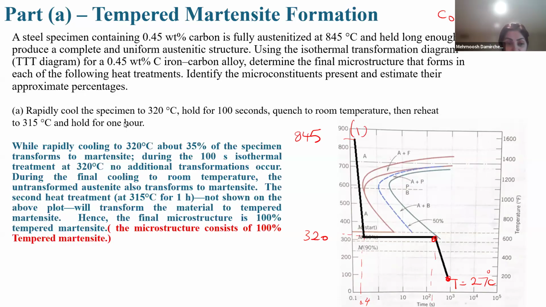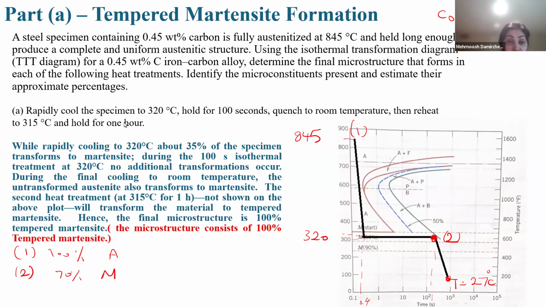I write all the information that we have. At 1, we have 100% austenite. At 2, some part of that, for example at 320, more than 50%, for example 70%, converts to martensite.